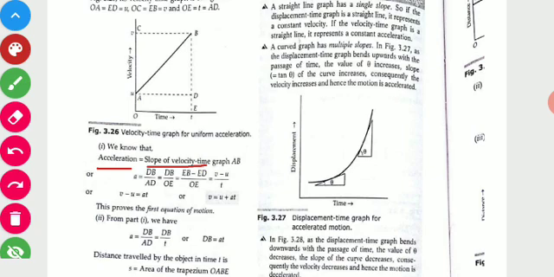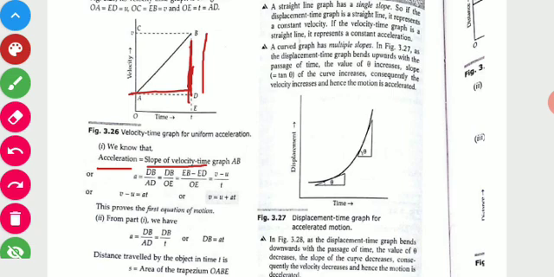Now students, what is the slope? The slope of the VT graph is given by tan theta, which is equal to dB upon dA. What is dB? dB is basically the difference between the velocities.